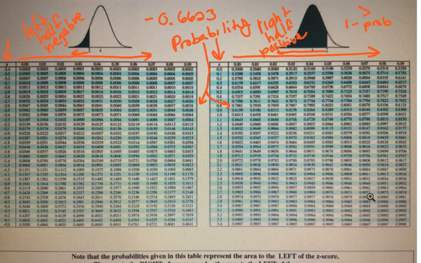So negative 0.6. I start in my rows, so I'm looking for negative 0.6, which is right here. And then on the columns, I'm going to look for 6, 2. So it actually only goes to 3. So negative 0.6, and then 6 is in my hundredths place.